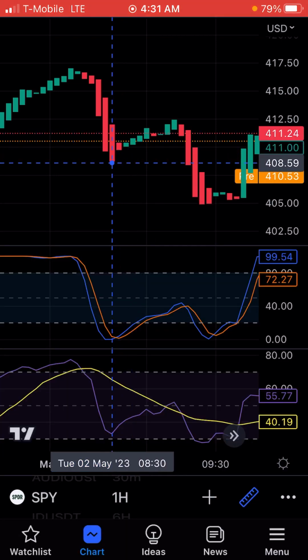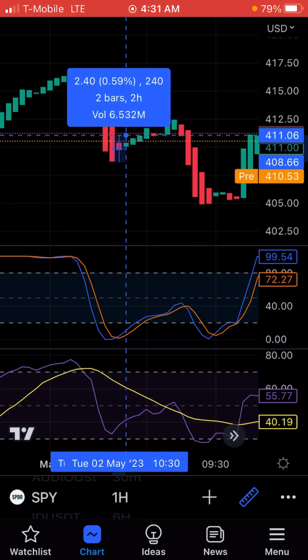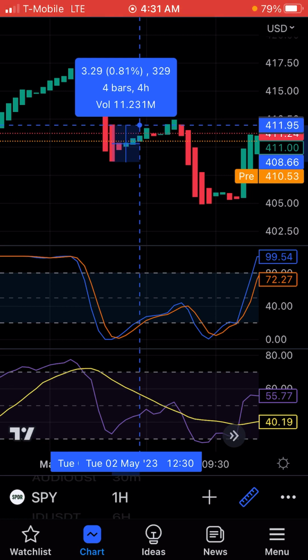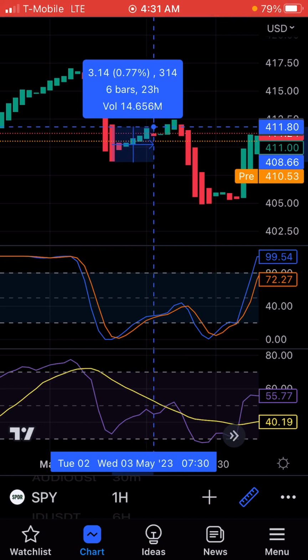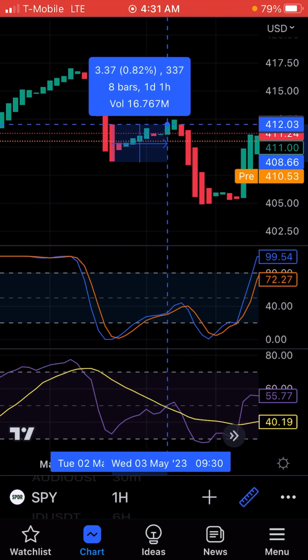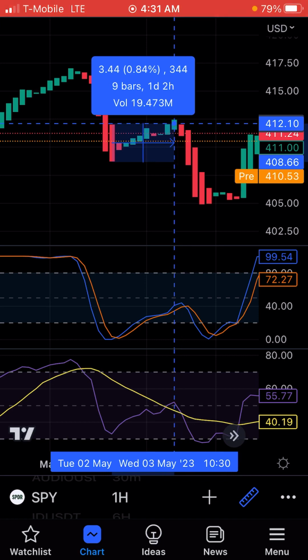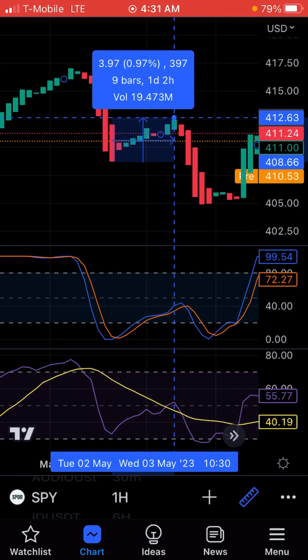If we're doing a call, we would just follow this out until it touches the other side of the RSI, which on this one would be right about here.